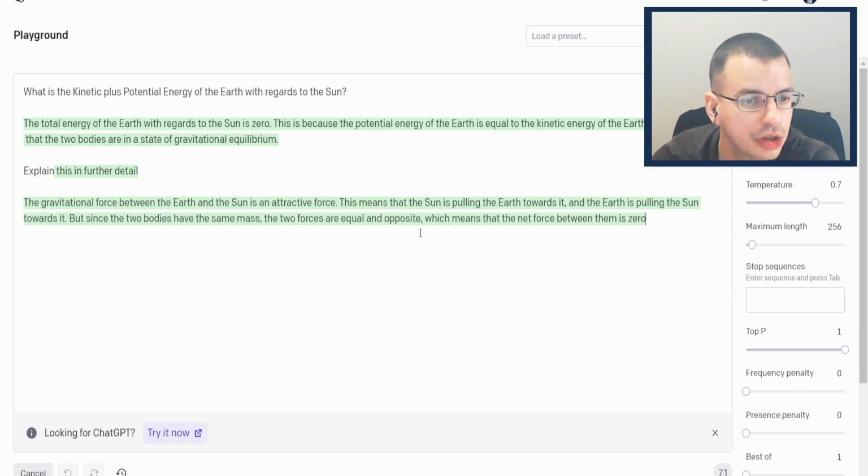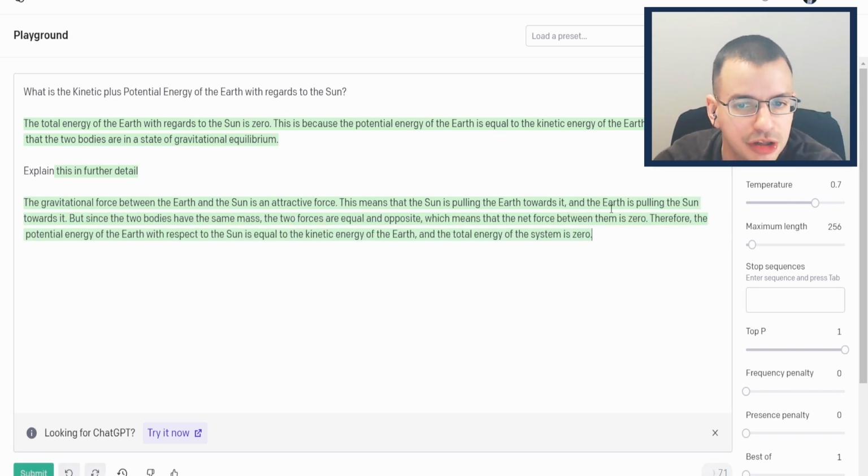The gravitational force. This means that the sun is pulling towards the Earth and the Earth is pulling towards the sun, but since the two bodies have the same mass, the net force between them is... it's not true at all. Therefore, the potential energy is pulling towards the Earth and the Earth is pulling towards the sun. Okay.